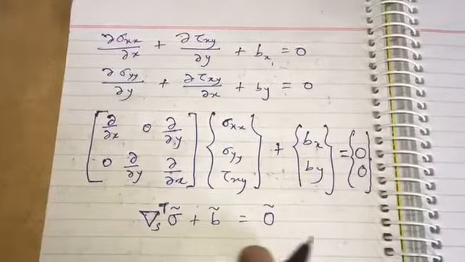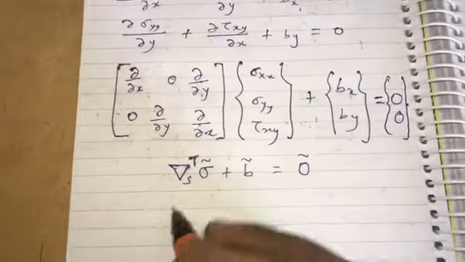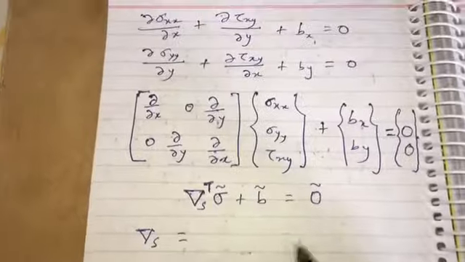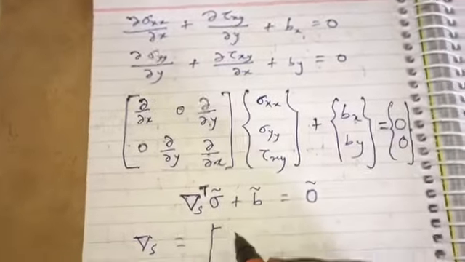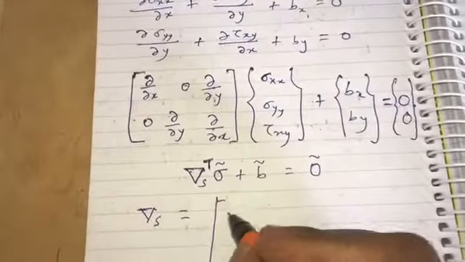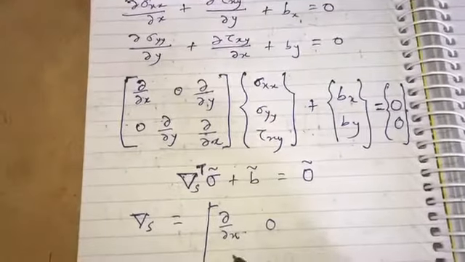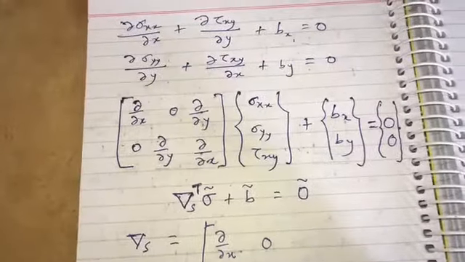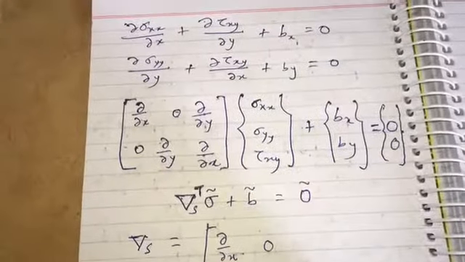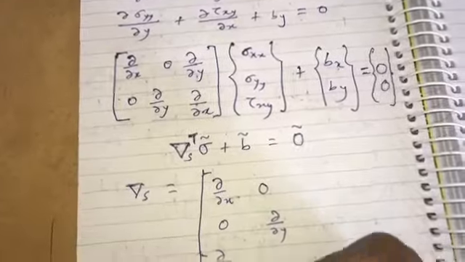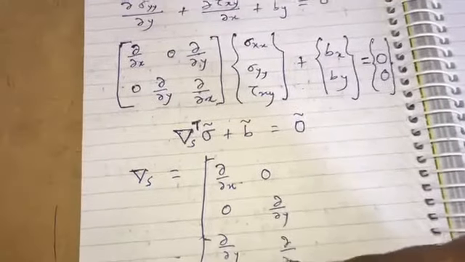So we can also write like this, where del s is an operator which will look like the transpose of that: del over del x, 0, del over del y, and here del over del y and del over del x.